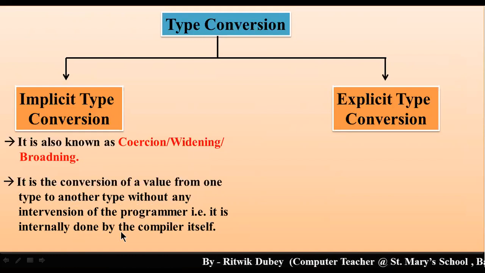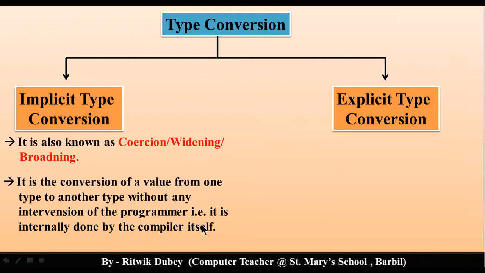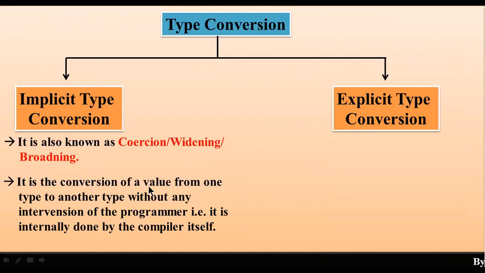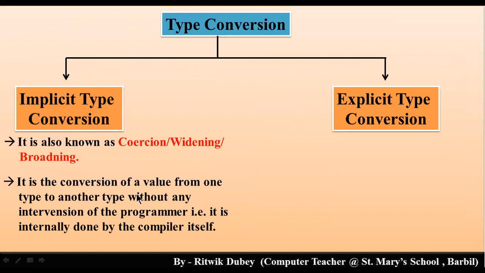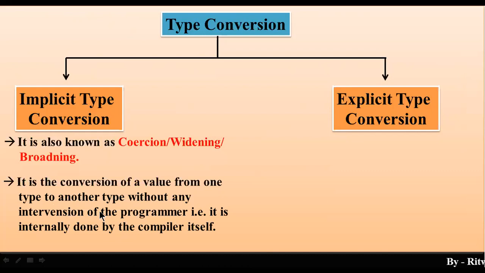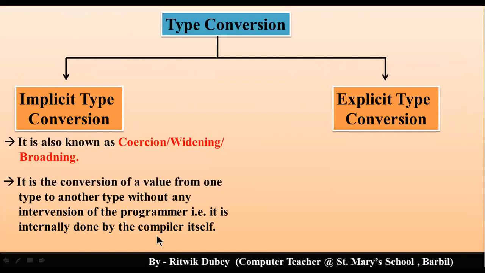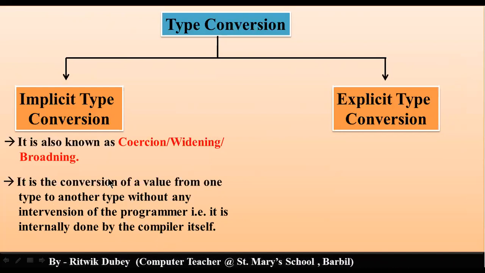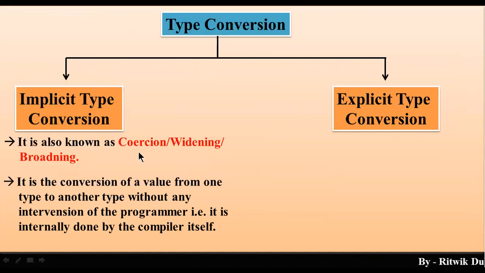That is, it is internally done by the compiler itself. है ना? तो कोई भी अगर एक वैल्यू है हमारे पास, उस वैल्यू के डेटा टाइप को अगर कंपाइलर कन्वर्ट कर रहा है हमारे इंटरवेंशन के बिना, हम उसके लिए रेस्पॉन्सिबल नहीं हैं, कंपाइलर रेस्पॉन्सिबल है, then that conversion will be called implicit type conversion.